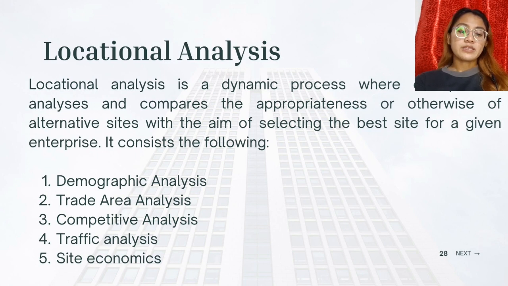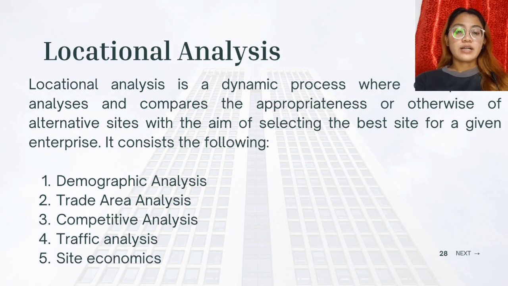Third one is the competitive analysis, which helps to judge the nature, location, size, and quality of the competition in the given trade area. Number 4 is the traffic analysis, to have a rough idea about the number of potential customers passing by the proposed site during the working hours of the shop.